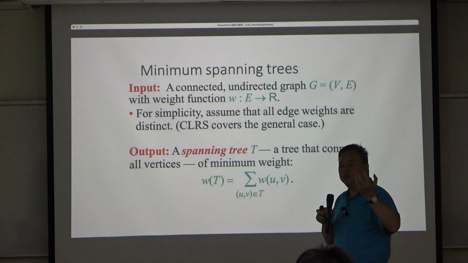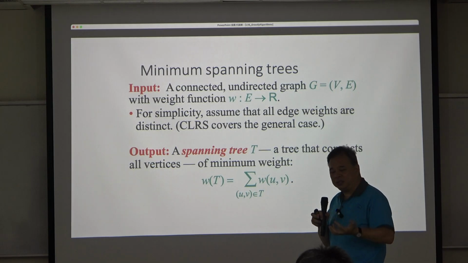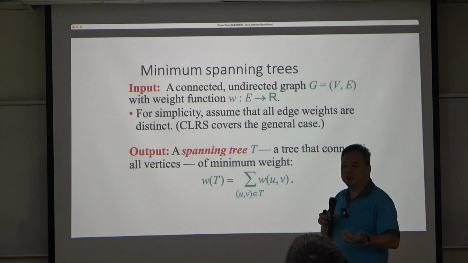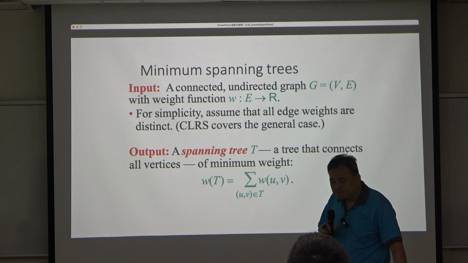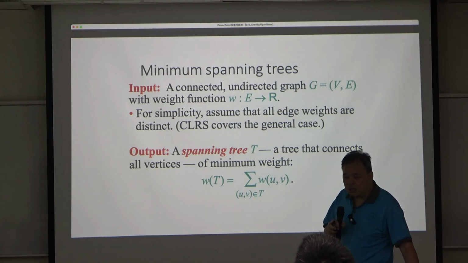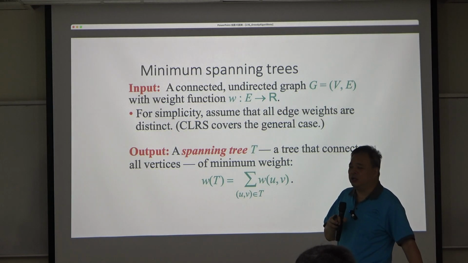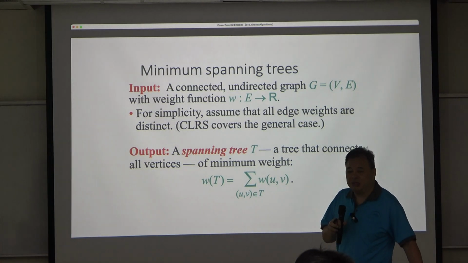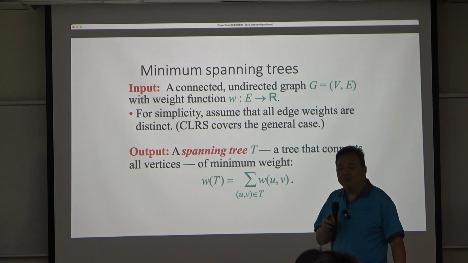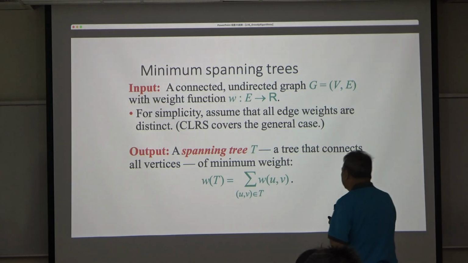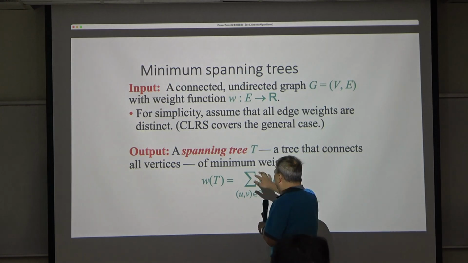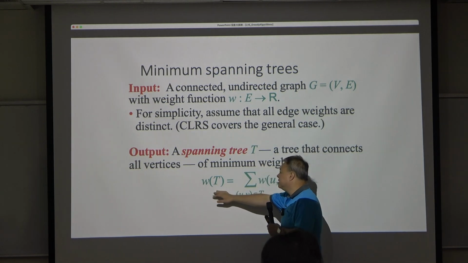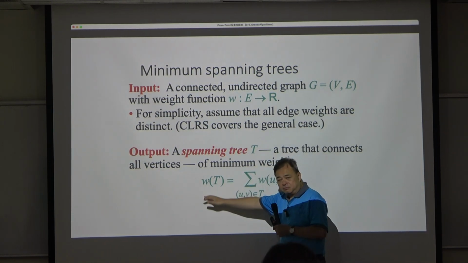Second, it's going to use the minimum number of edges and the minimum total weight. When you connect all the vertices together to form a tree, you must have the minimum number of edges, but the more important thing is the minimum total weight. This is important.